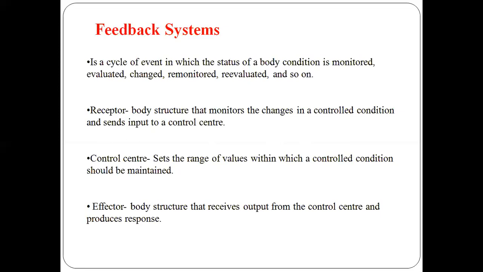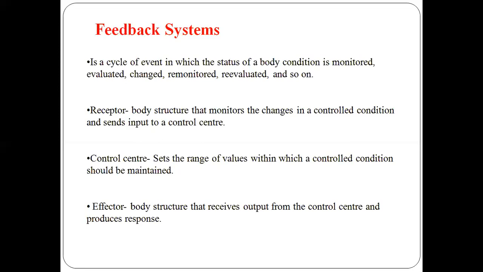Now, let us move on to some important terminology. The first one is a receptor. A receptor is a body structure that monitors changes in a controlled condition and sends input to a control center.